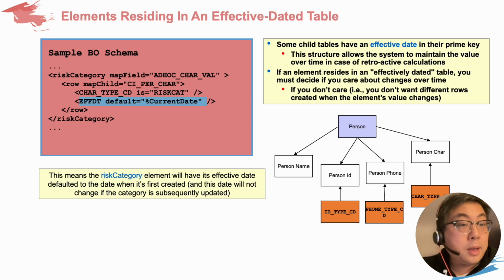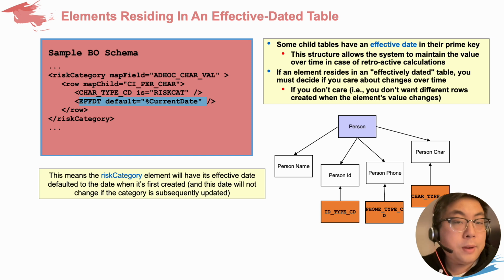In this case, if I read this schema, I can see the risk category element is mapped to the column called ad hoc travel in the child table CI per char, where the characteristic type code is risk cat, and the effective date is defaulted to current date.